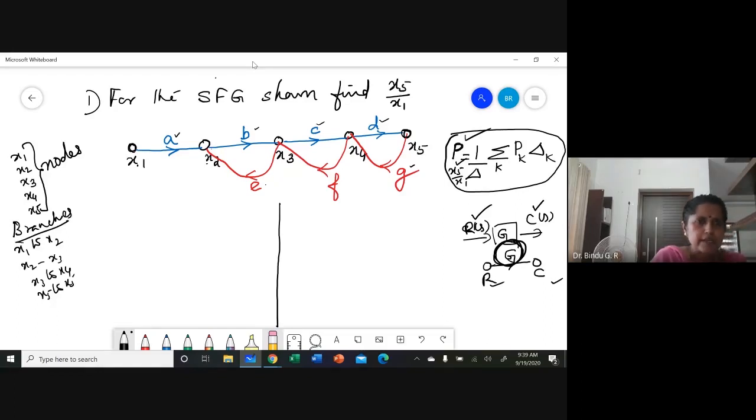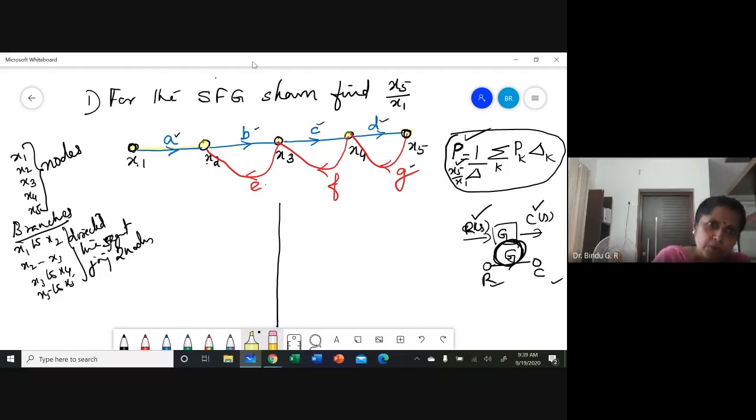It is a directed line segment joining two nodes. I hope you understood. These are all nodes, X1, X2, X3, X4, X5 are nodes. This is a branch.